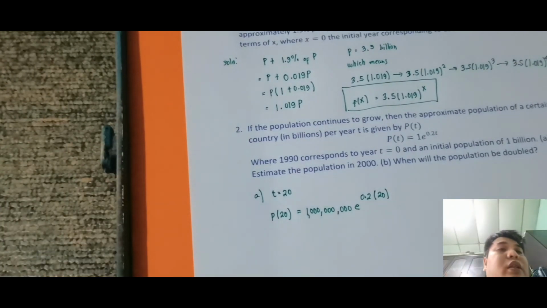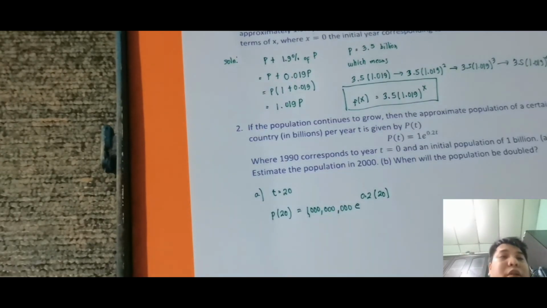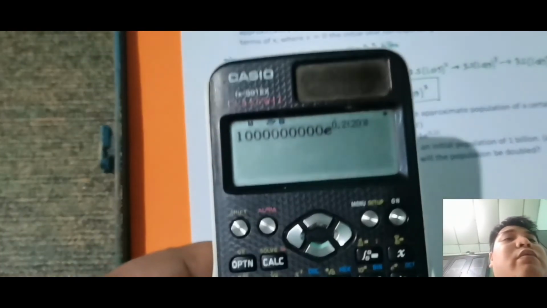So anong gagawin natin? Solve lang natin siya, no? So 1 billion, tapos e raised sa 0.2 times 20. So yung growth year niya is 0.2. Ayan, no? So check natin.